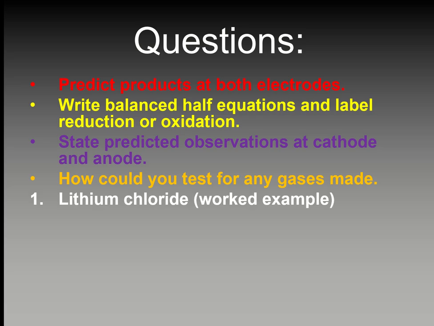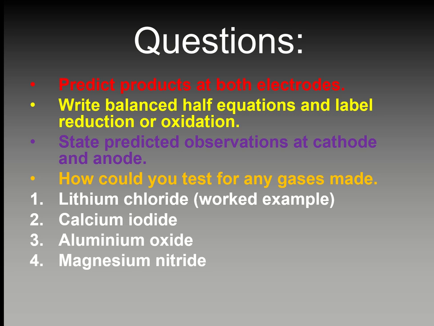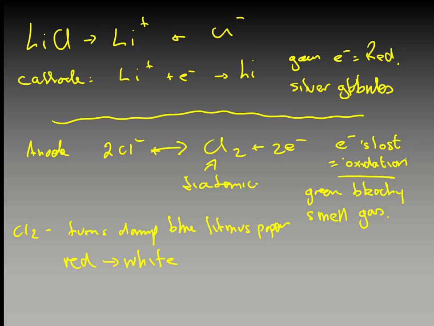So I'm going to do lithium chloride as a worked example, and then you're going to do those three. I will put the answers on the video. So when I do the worked example here, you might want to pause the video and then do the other three. Okay, and then I'll put the answers to the other three up on the screen.